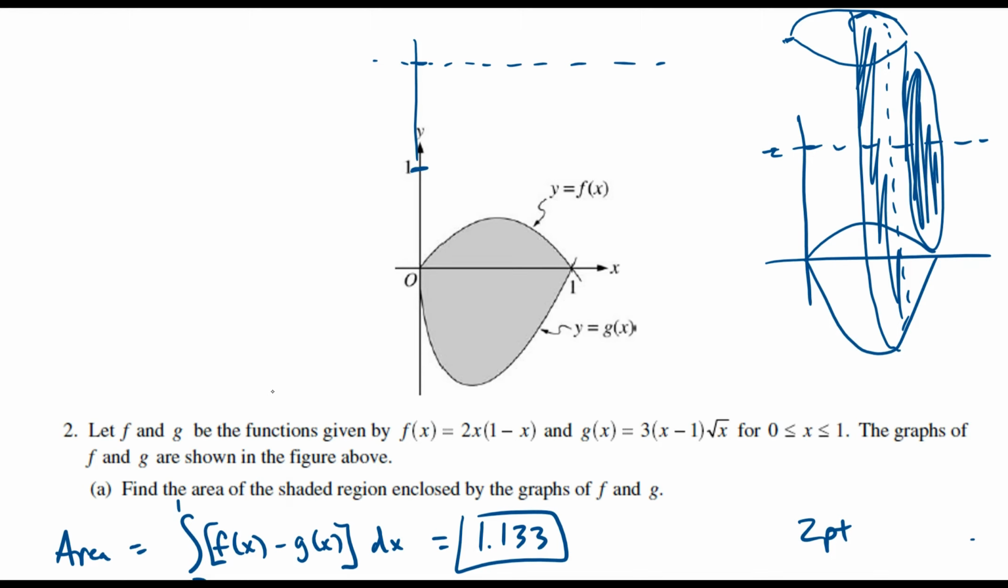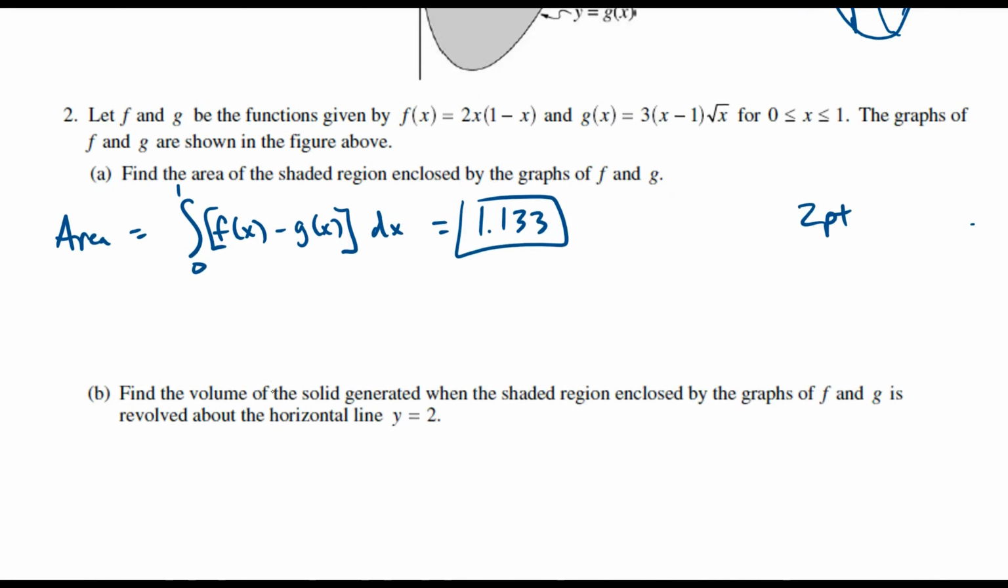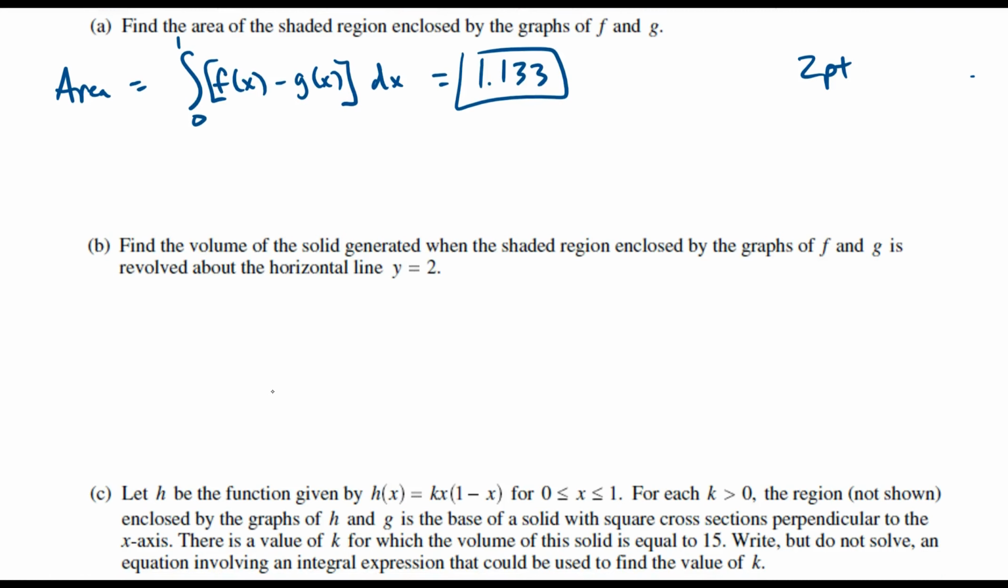So we have two functions. We have the outside function, the outside radius, which is the distance from 2 to the outside of the curve, and then we have the inside radius, which is the distance from 2 to the inside curve. So when we integrate this, we know that the volume of any rotated object is pi times the integral from 0 to 1.